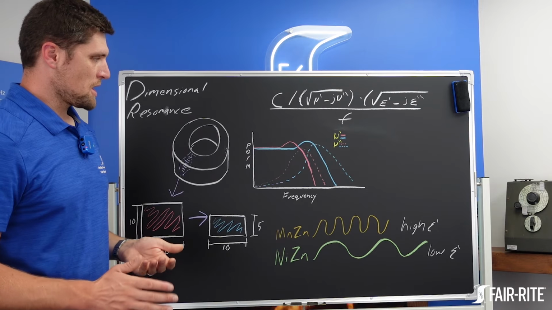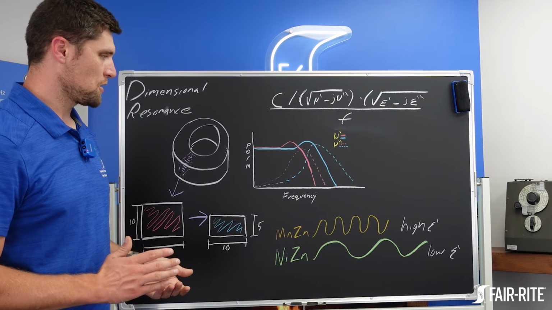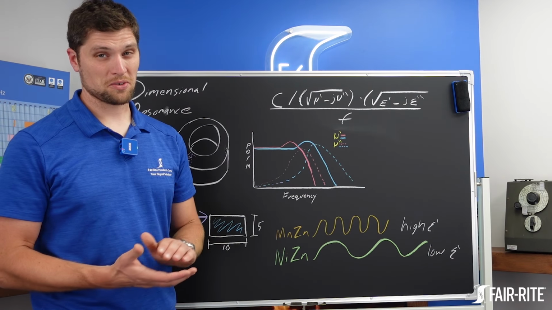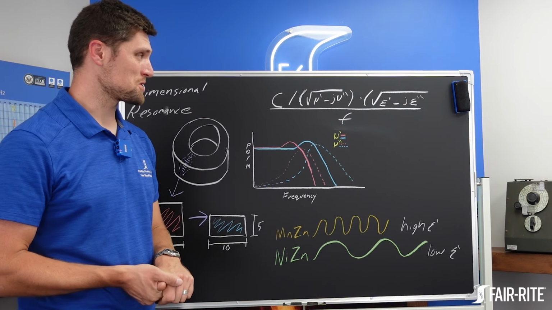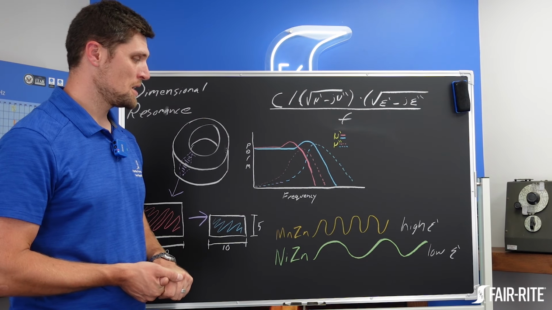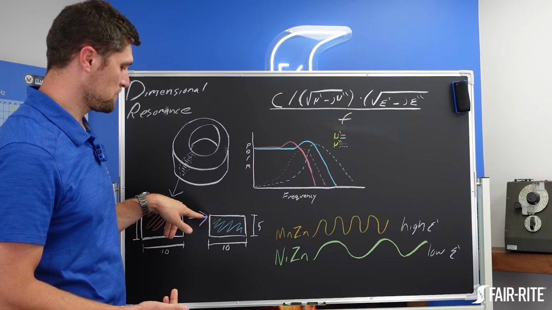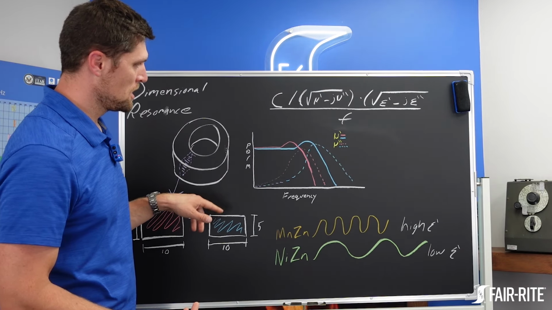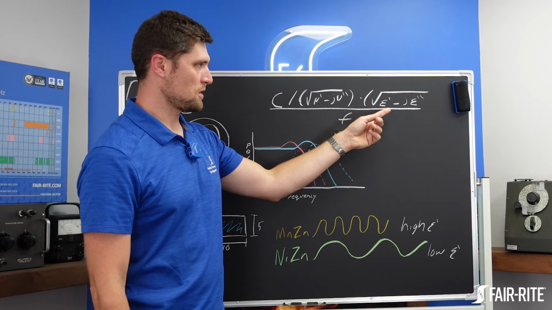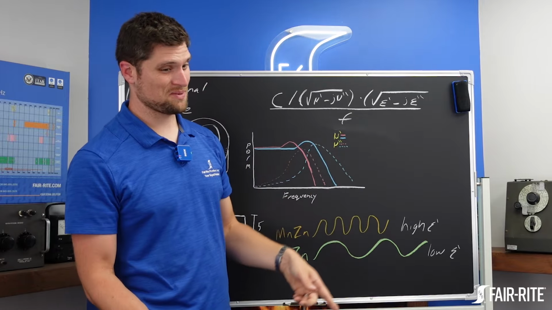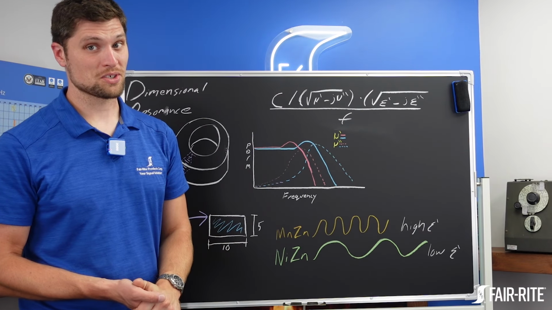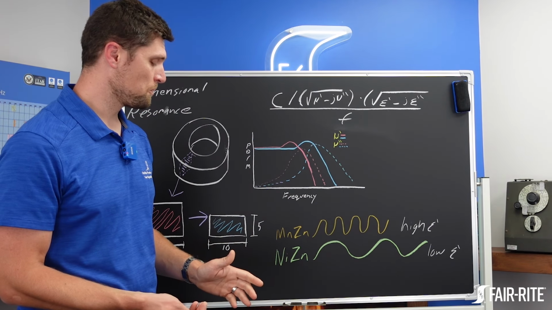So you could have two materials with basically the same or at least very similar complex permeabilities behave very differently when the sizes of the cores are changed. And that's coming down to the permittivity, which is not something that's super well characterized in magnetics in general.